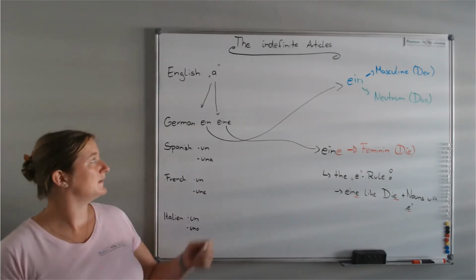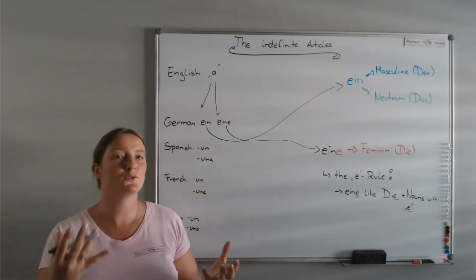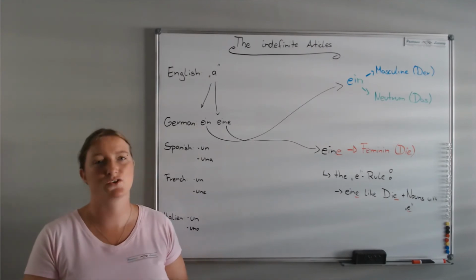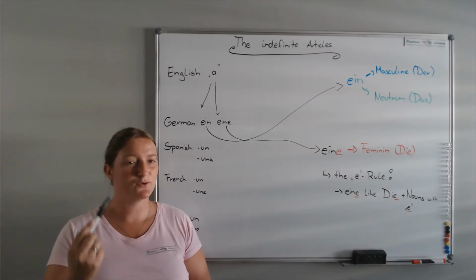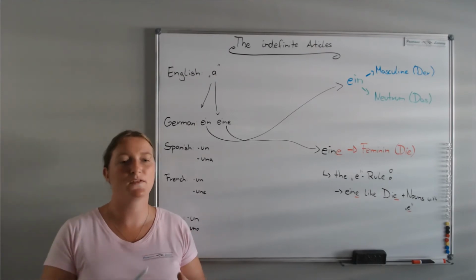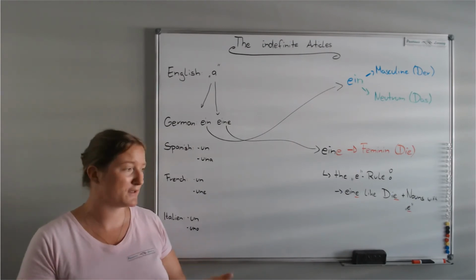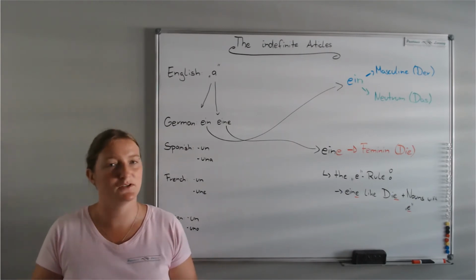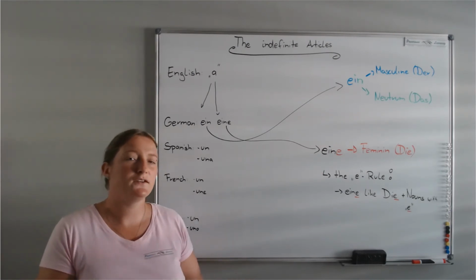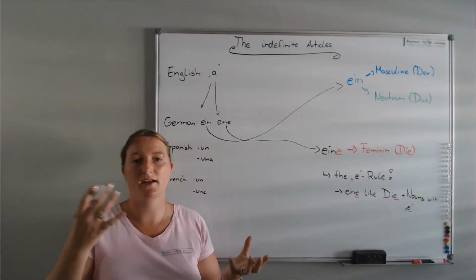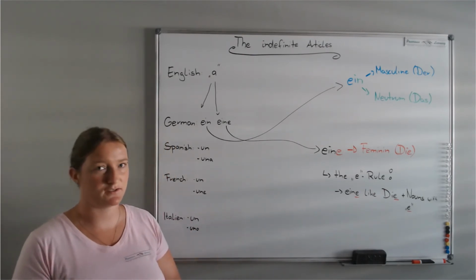Let's dig a little bit deeper: when to use ein and when to use eine in the German language. And here is good news for you. When you have the rules in mind about the definite articles, when to use der, masculine nouns, when to use die, feminine nouns, and when to use das as neutrum, then you can literally copy and paste this knowledge for the indefinite articles.